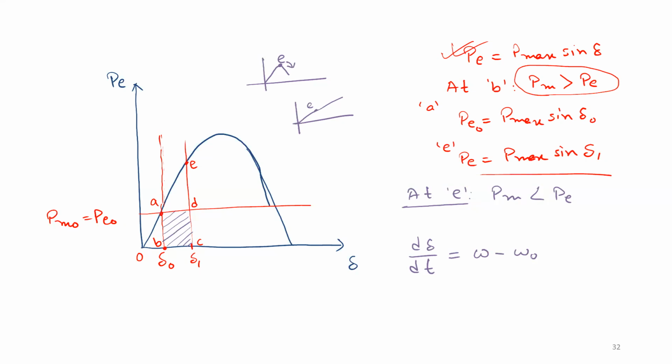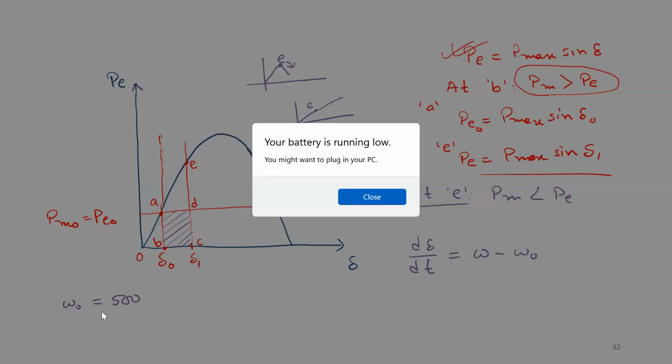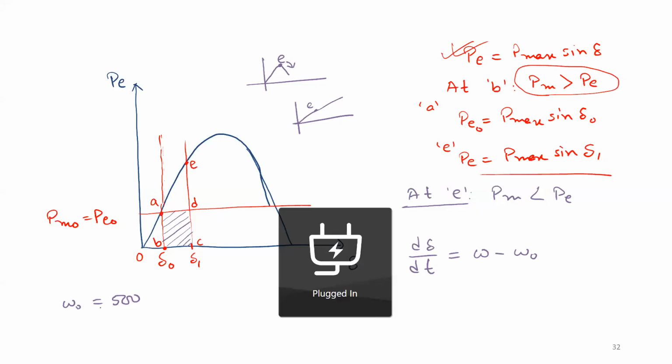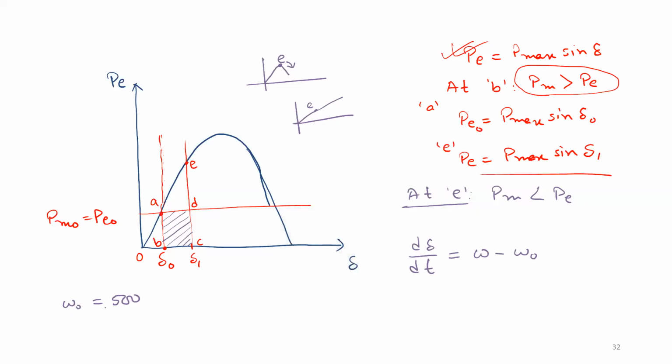Let's say initially my omega naught was 500. Let's say this was the stable operating point. So when we accelerated, we know that during acceleration, my omega will be larger than omega naught.